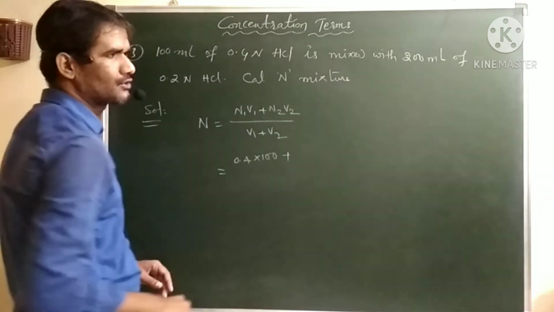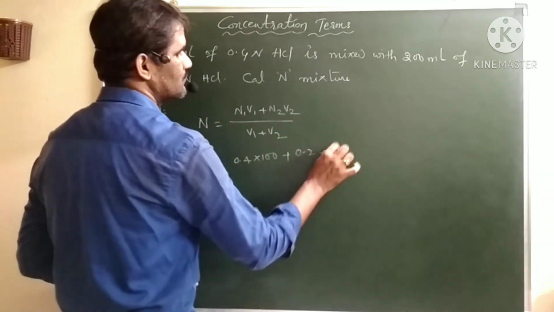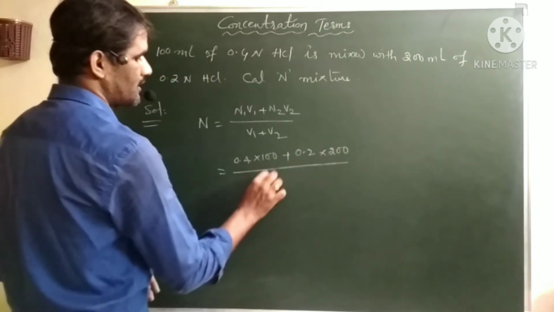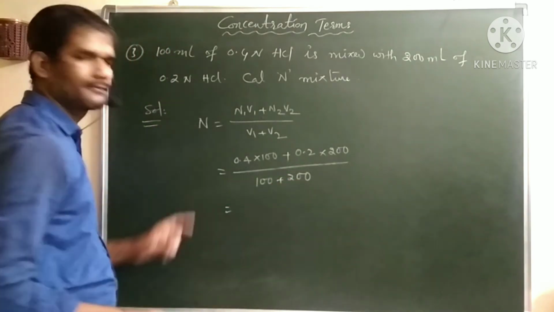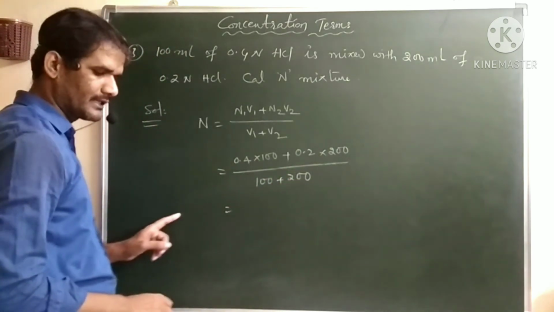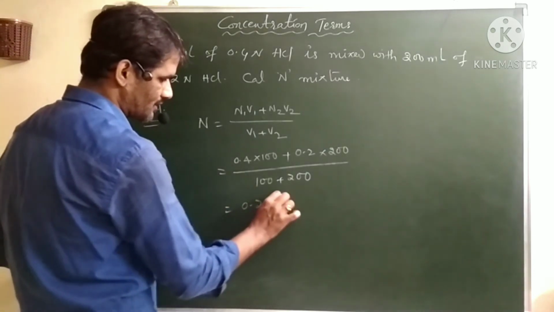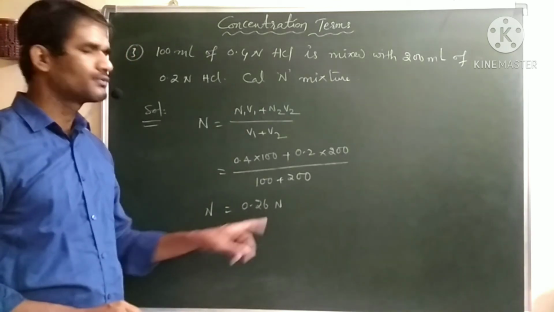And N2 for the second solution is 0.2 normal and its volume is 200, divided by 100 plus 200. You can simplify this, then you will get overall 0.26 normal. The resultant normality of the mixture is 0.26 normal.